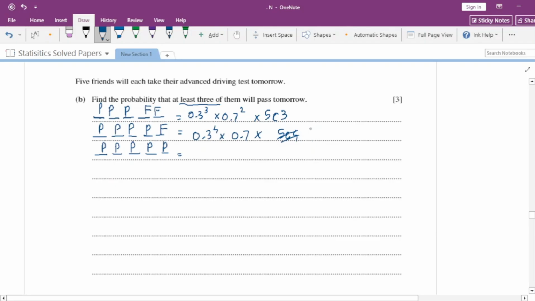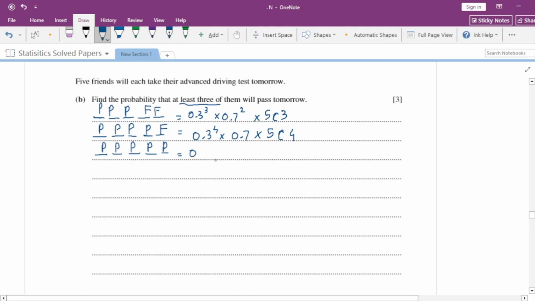You can select one of the 5 positions for the person who has failed. Even in the previous case, 5 choose 3, we could have done 5 choose 2, and it would mean the same thing. We could either work with the number of failed people and select them in those 5 slots, or we could work with the 3 people and select them in the 5 slots. So over here, we're working with the people who succeed, 5 choose 4.